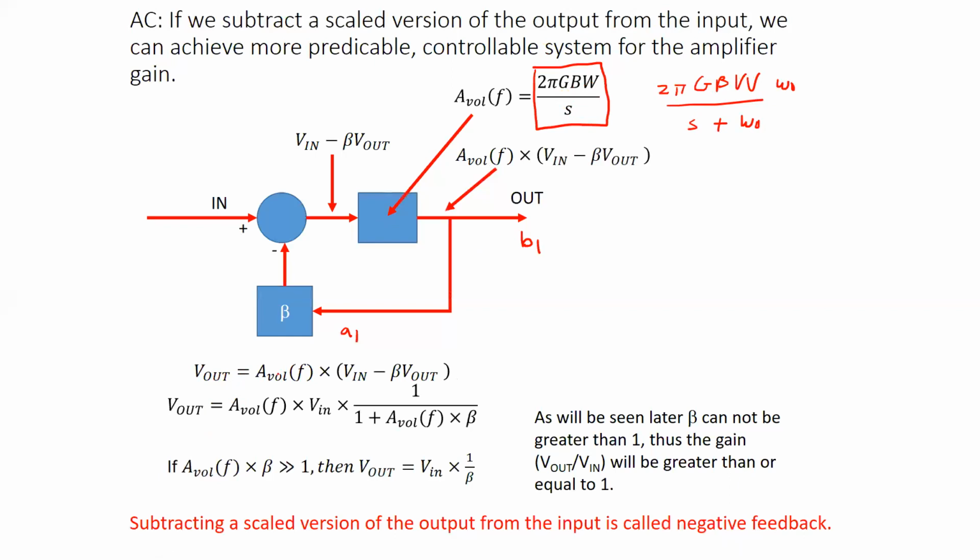V out equals the open loop gain as a function of frequency times V in minus beta V out. And yep, this can be a transfer function, but we're not going to do that right now. Now I didn't show the mathematical steps, but V out equals the open loop gain as a function of frequency times V in, over 1 plus open loop gain as a function of frequency times beta, right?